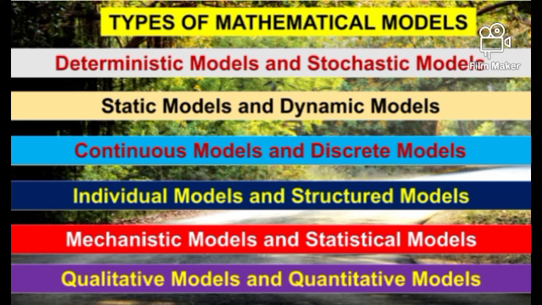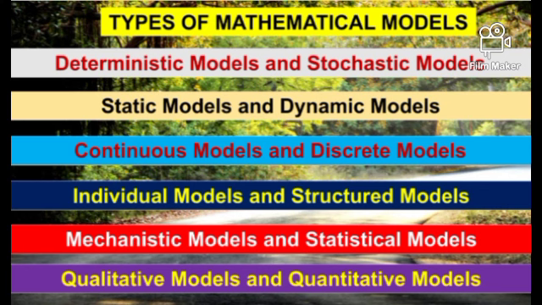While in stochastic models, many of the parameters or almost all of the parameters are characterized by probability distribution. That is, stochastic model is characterized by uncertainty.